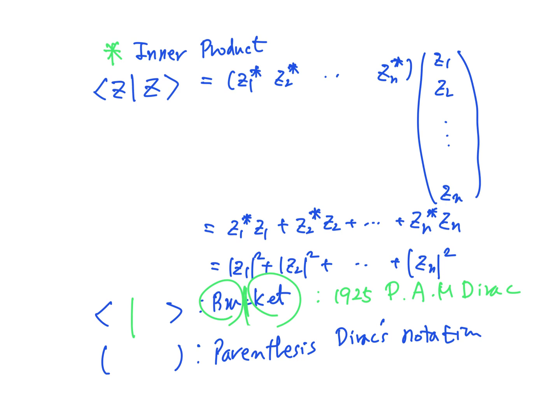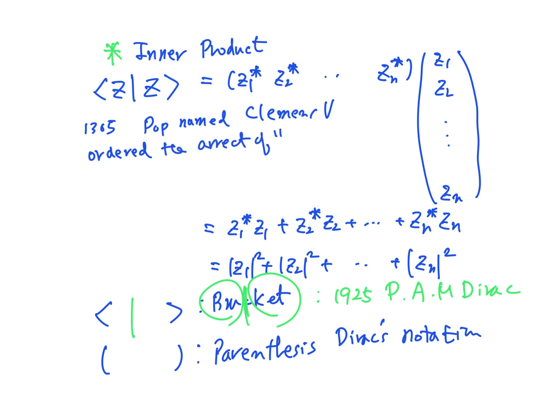So before I proceed, maybe I will continue the history of October the 13th. In 1305, the Pope, named Clement V, ordered the arrest of Templars all over Europe.